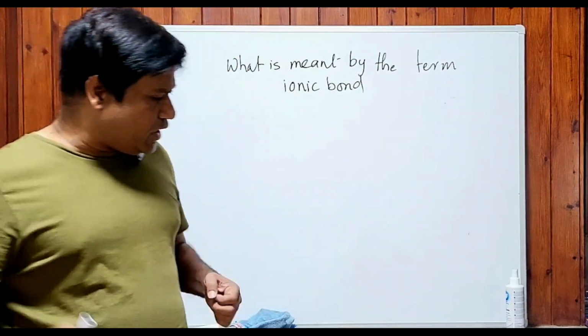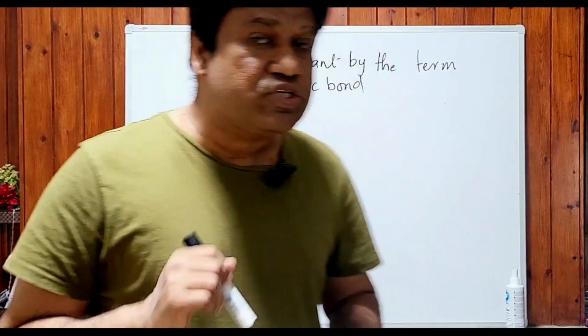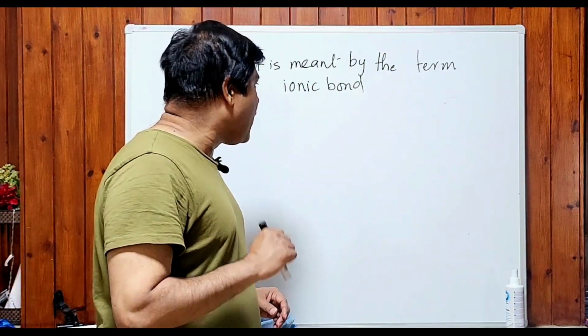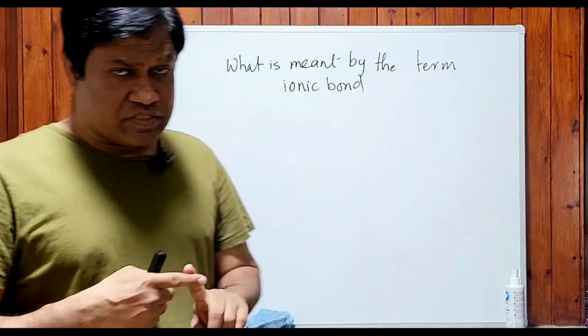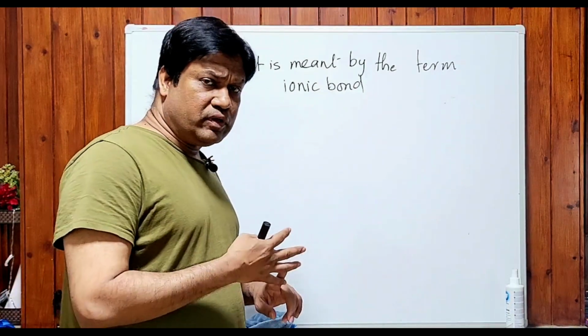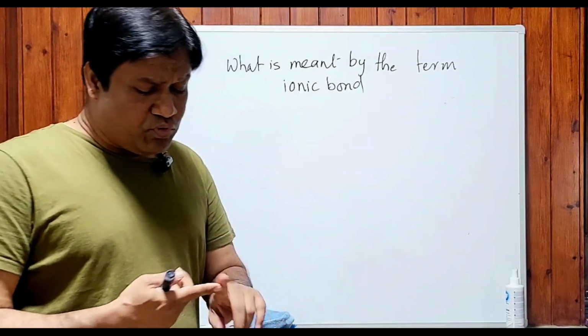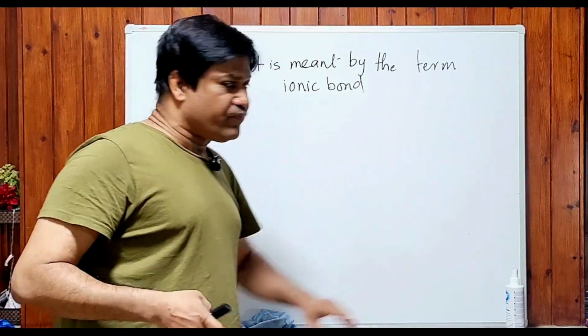No doubt, undoubtedly, it is a bond formed between metal and non-metal, but that's not the true definition of an ionic bond. In a GCSE or A-level exam question, if you come across this question, write down a proper definition.